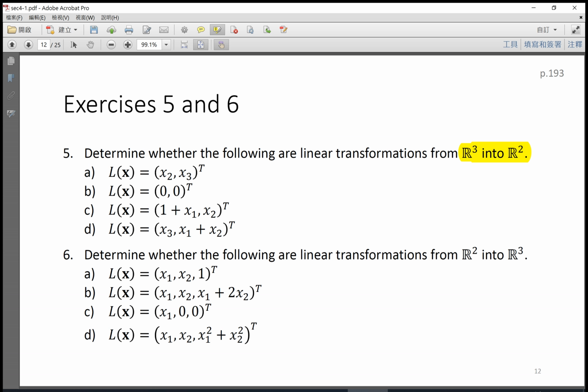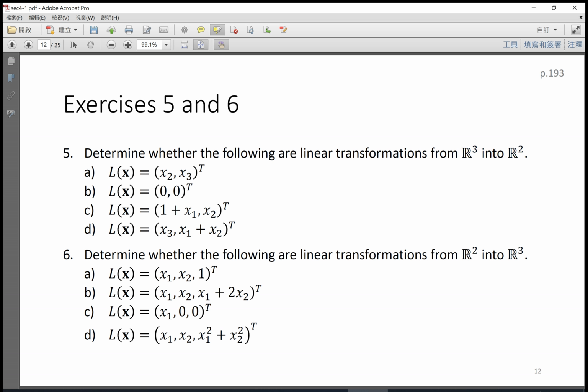In fact, there is a simple method to determine whether a mapping is a linear transformation. That is, if the output of a mapping L only involves 0, or only involves terms from input x of first order only, then the mapping is a linear transformation.